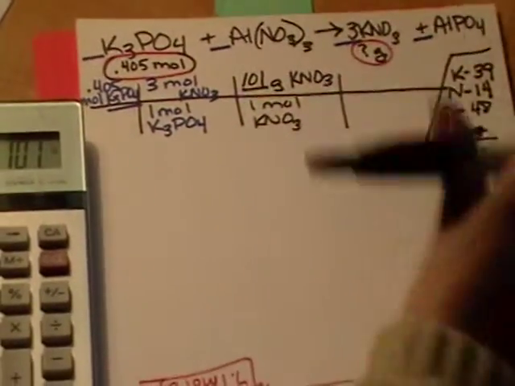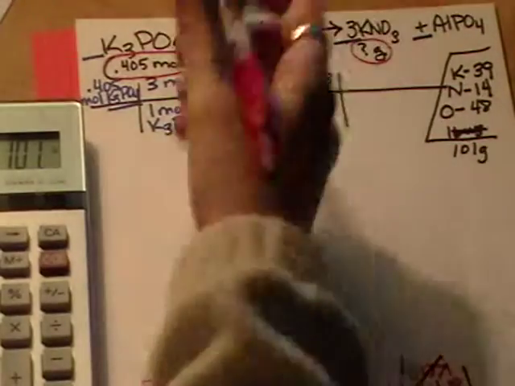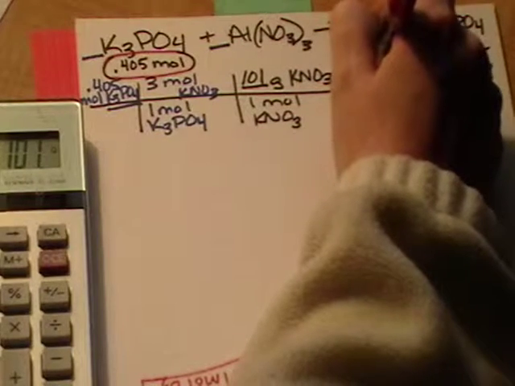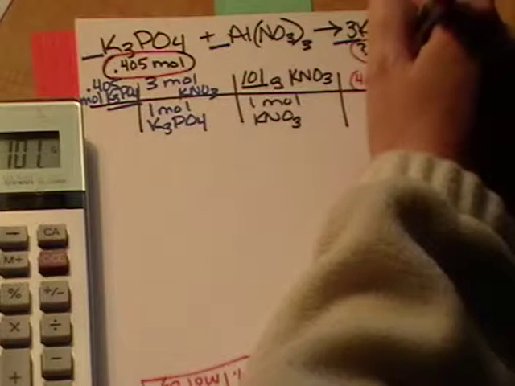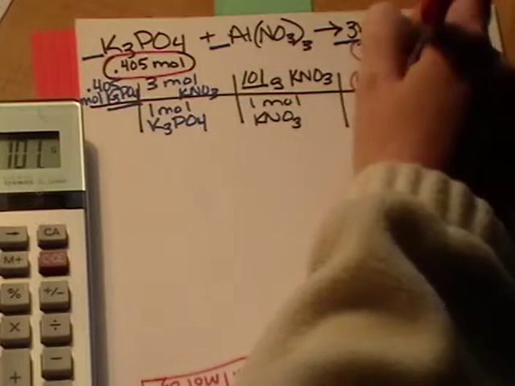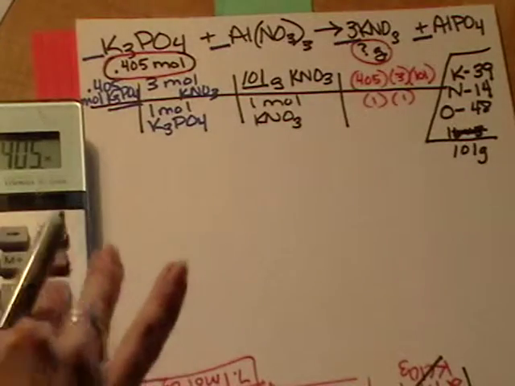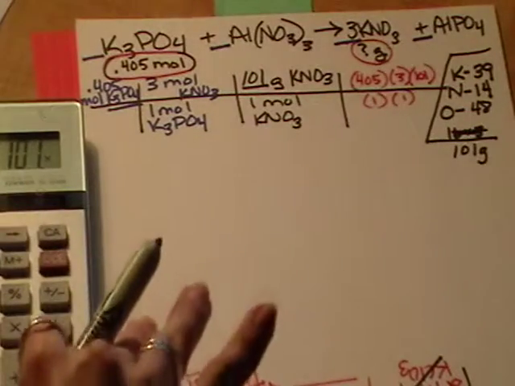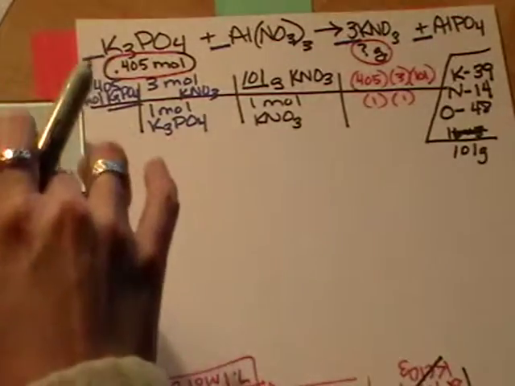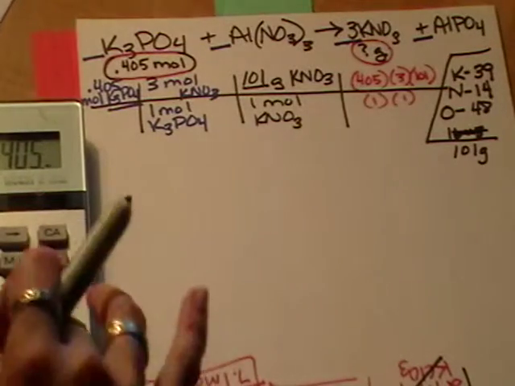Okay. The last thing that I'm going to do is I'm going to multiply across the top, divide by the bottom. So I have 0.405 times 3 times 101 divided by 1 times 1. So if I do that, I should end up, oops, my calculations are a little bit off there, so I'm having to do this fresh.